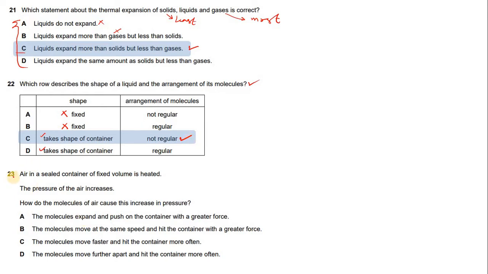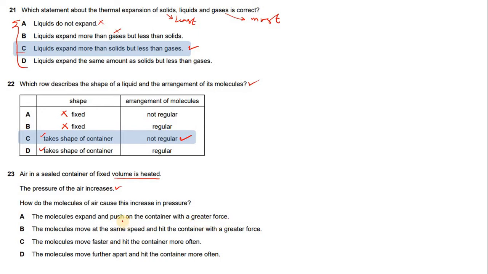Question number 23. Air in a sealed container of fixed volume is heated. We have a fixed volume closed container. Air is heated inside. The pressure of the air increases. How do the molecules of air cause this increase in the pressure? The molecules expand and push on the container with the greater force.